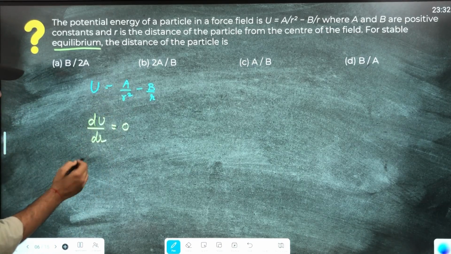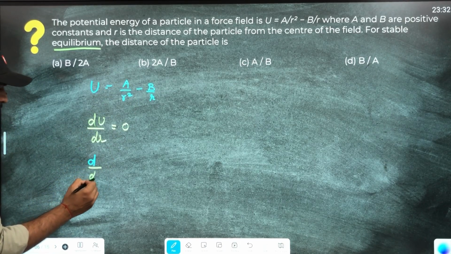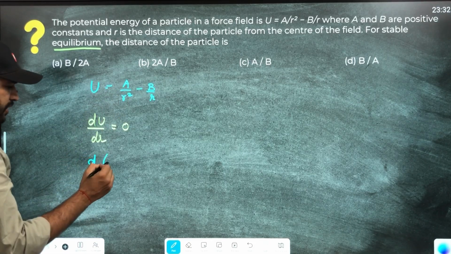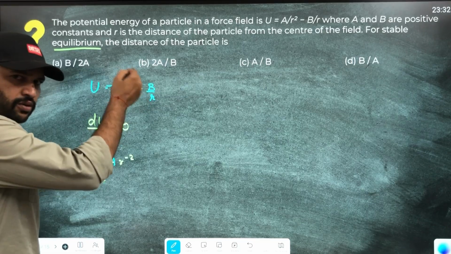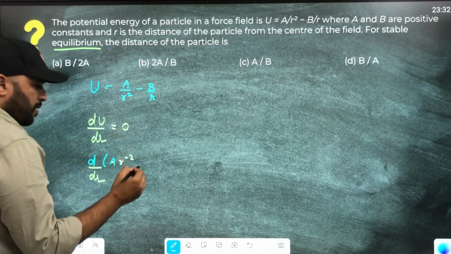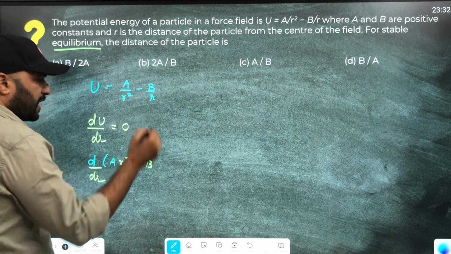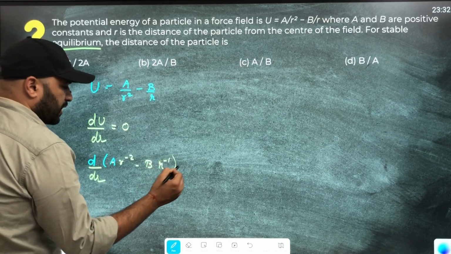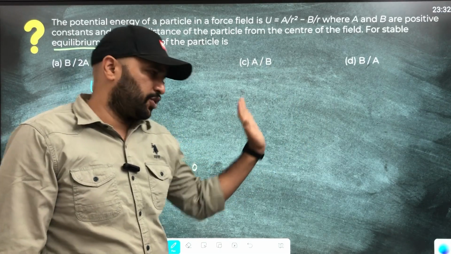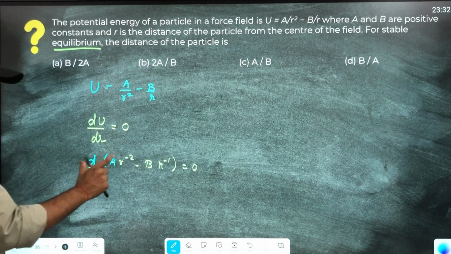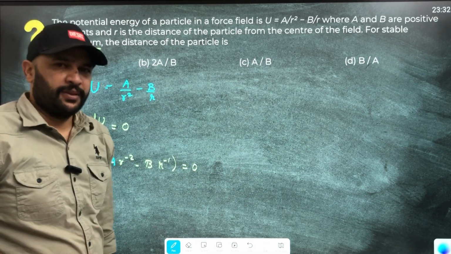Now derivative of this, let me make it simple for you. So this will be A r to the power minus 2, because r to the power 2 will go up and it will make it r to the power minus 2, minus, be very careful with the signs, r to the power minus 1. Clear? Here it is equal to 0. Now there is a shortcut also, but I will not give you a shortcut, okay? Because here better is to understand the concept, okay?